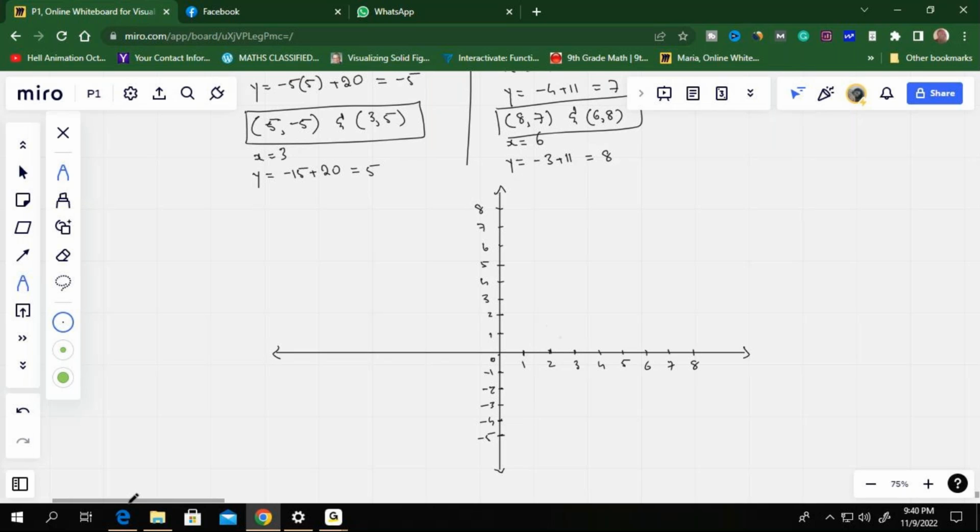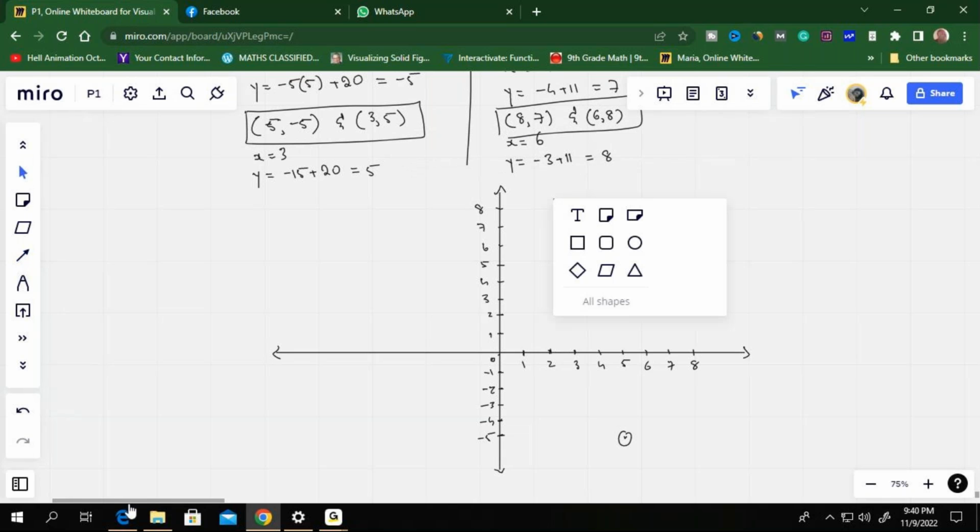For my L1, I'm picking up 5, minus 5, which is here, and 3, 5, which is here. I'm going to join these 2 points in order to get a line.